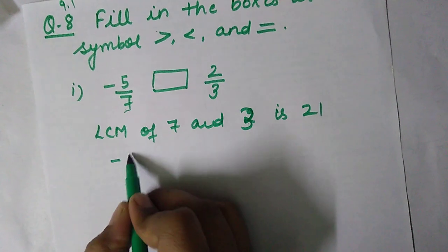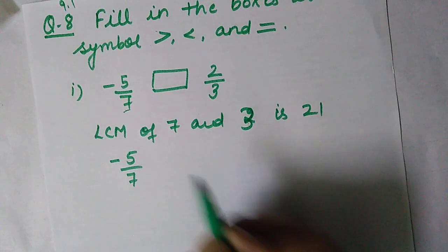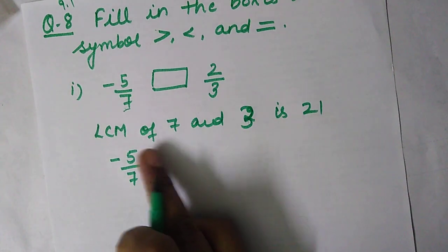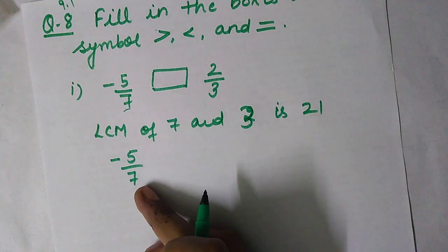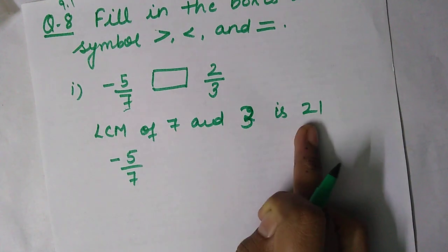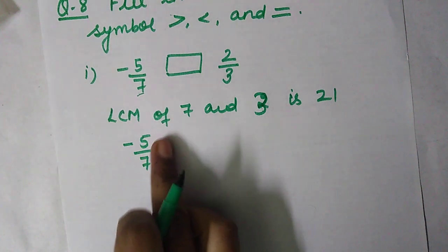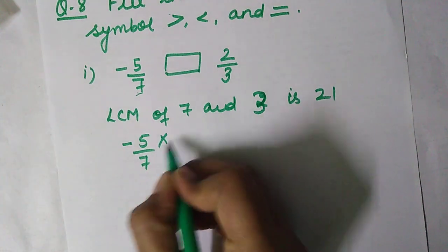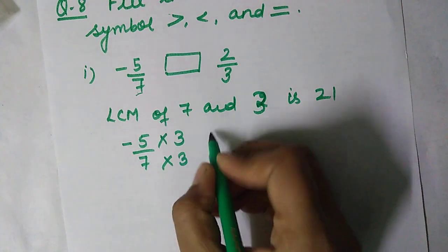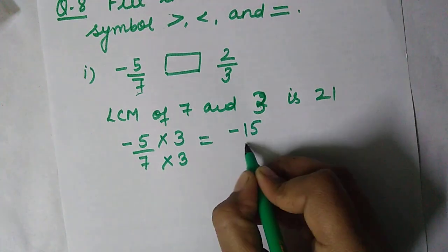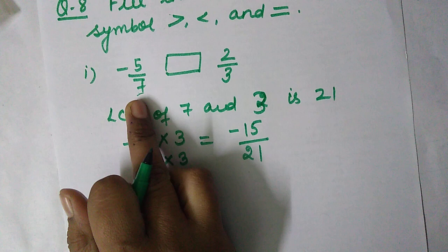This is the first fraction, minus 5 by 7. By which number do you have to multiply the numerator and denominator so that you get the denominator equal to 21? For that you multiply the numerator and denominator by 3. So it is minus 15 by 21. This is your first fraction.